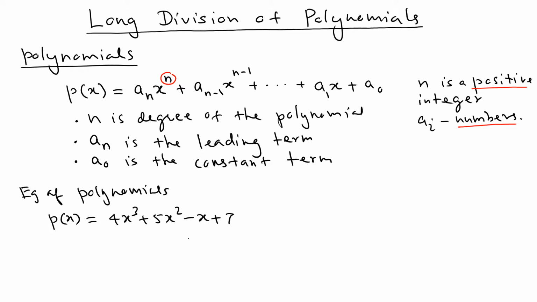You can see it starts with 3 and then 2 and then 1, we don't write that, and then 0. So this is a nice polynomial. Let's look at another one, Q(x). How about this: negative 7x to the 4th plus x minus 1 over 12.